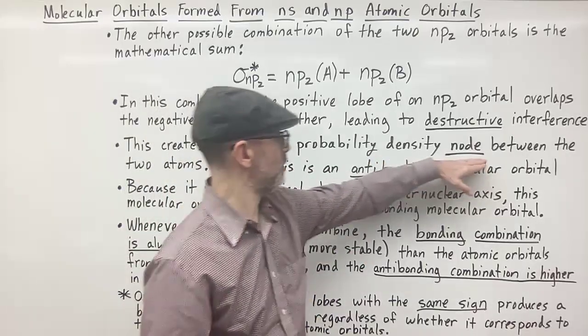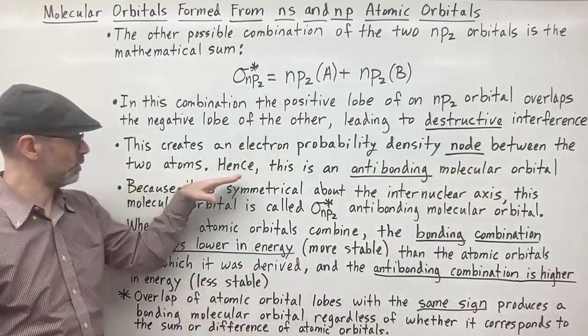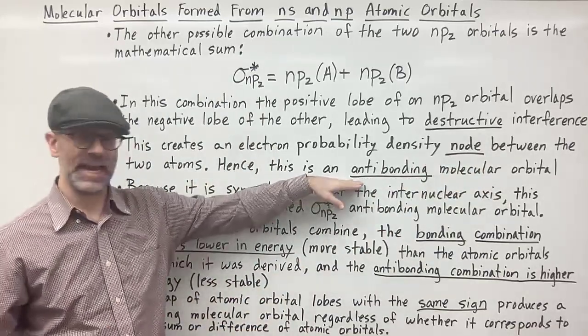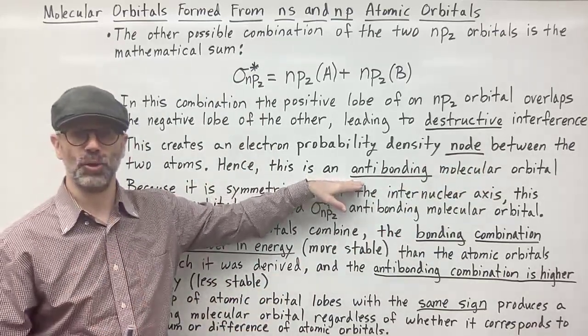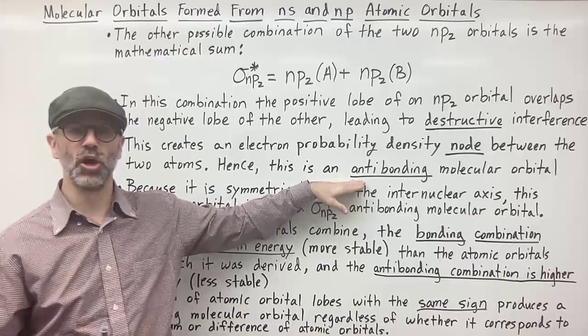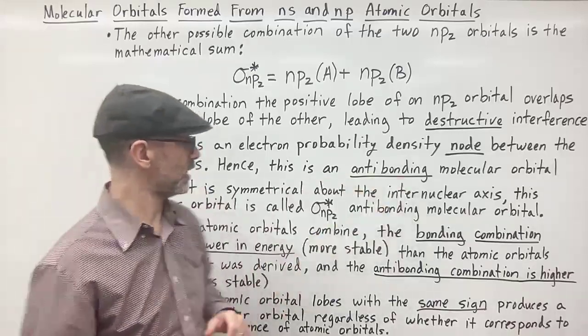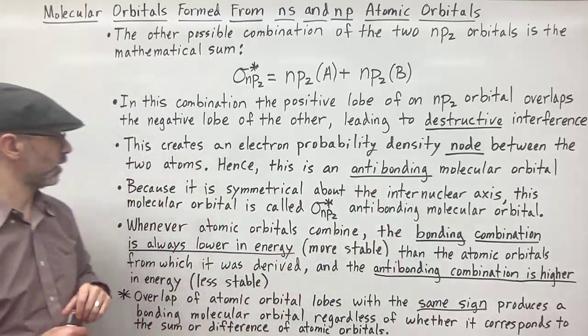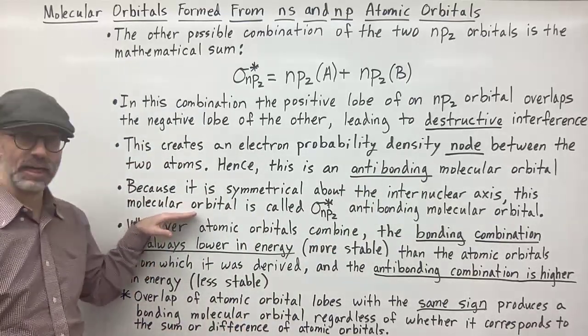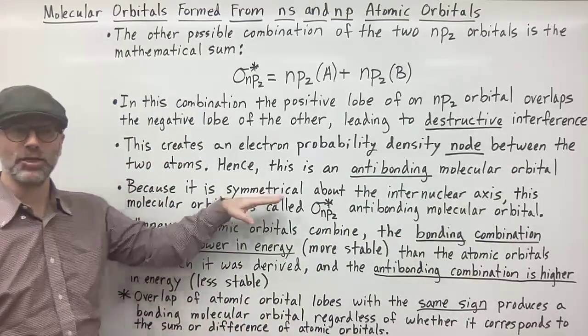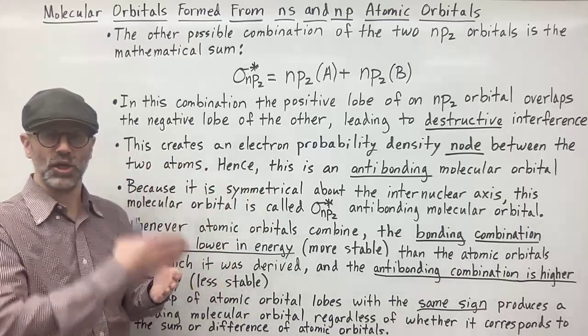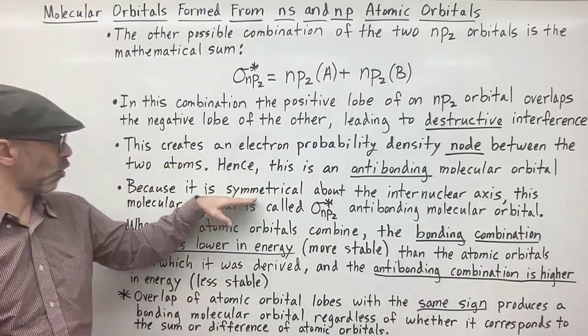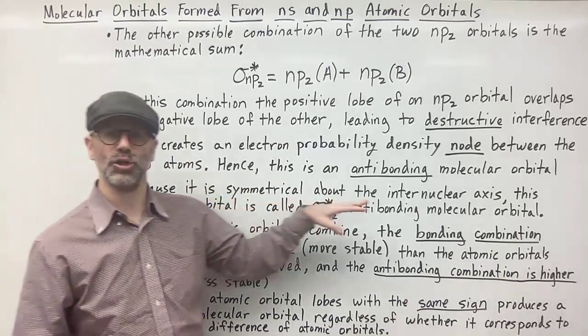So this is going to be between the two atoms. And so therefore we have an antibonding molecular orbital. Okay, so when you produce a node, you're going to get an antibonding molecular orbital. So again, because it is symmetrical, this orbital, even though you got the node there, this molecular orbital is symmetrical about the internuclear axis.